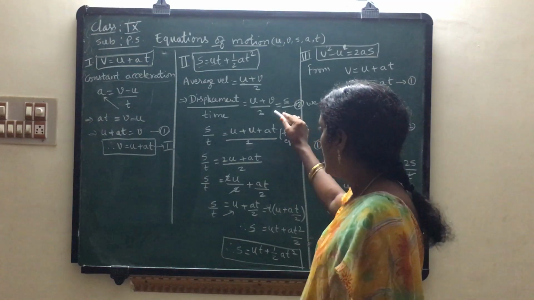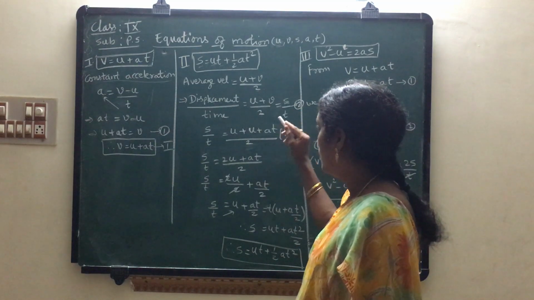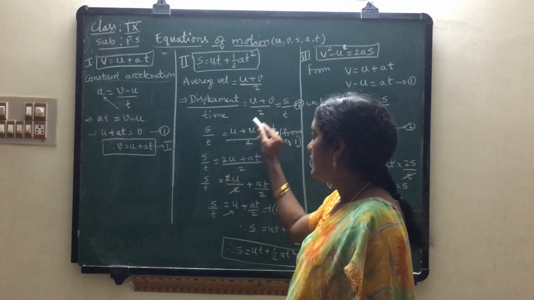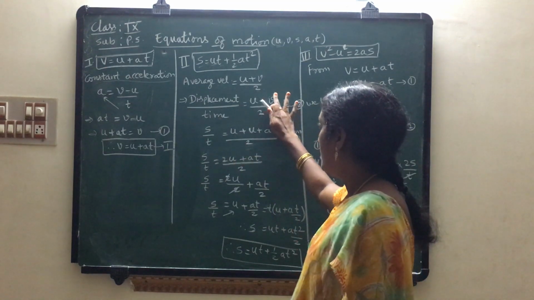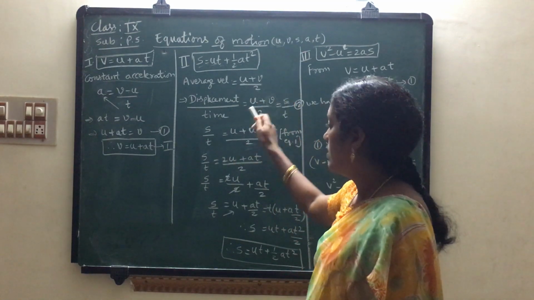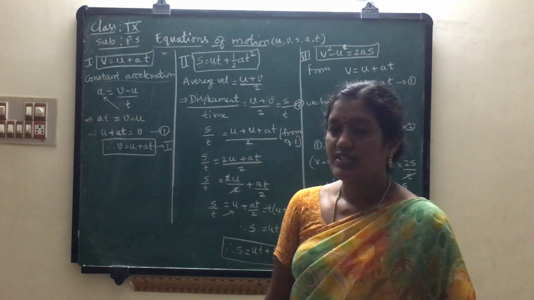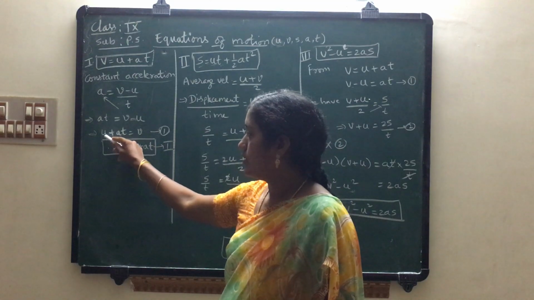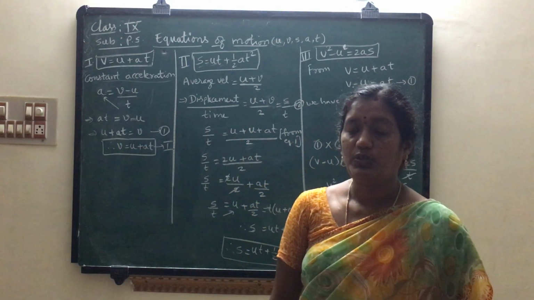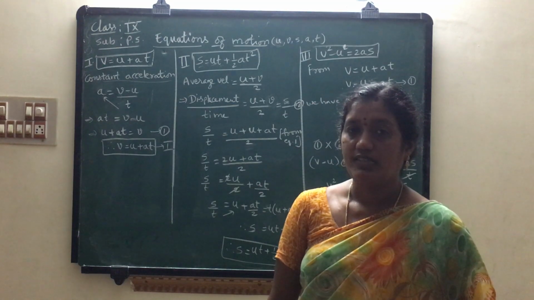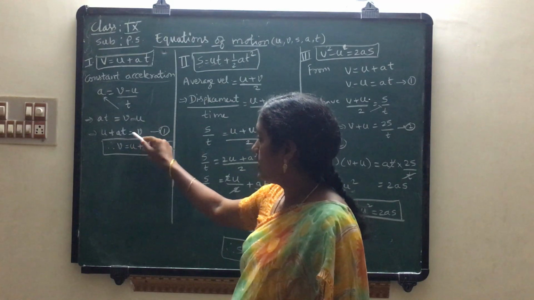Now this (u plus v) by 2 is equal to S by t. Here v means the final velocity. This final velocity v is equal to what, children? According to the first equation, v is equal to u plus at.